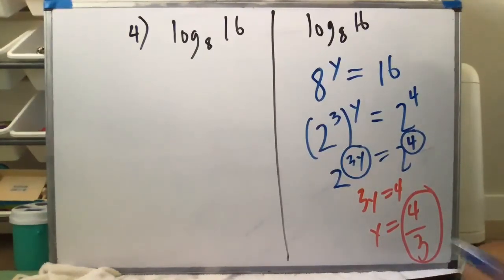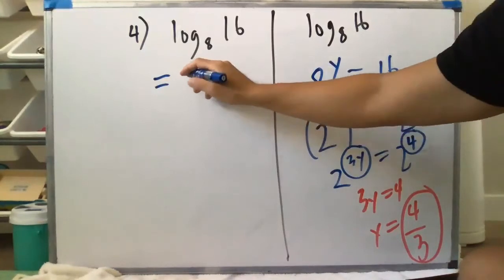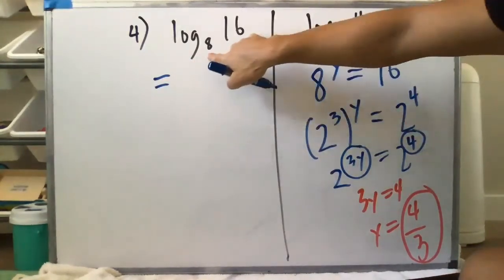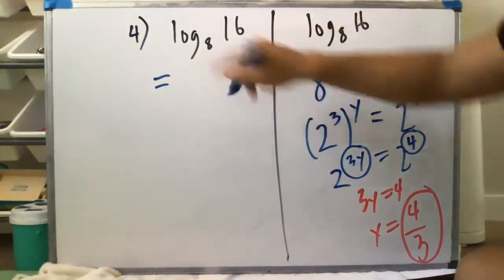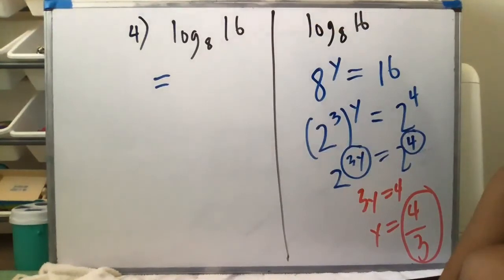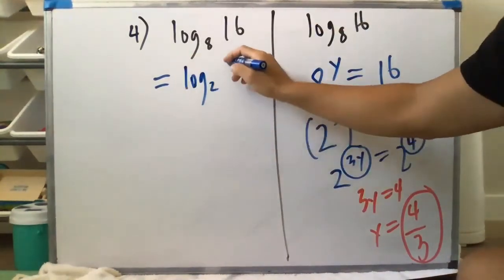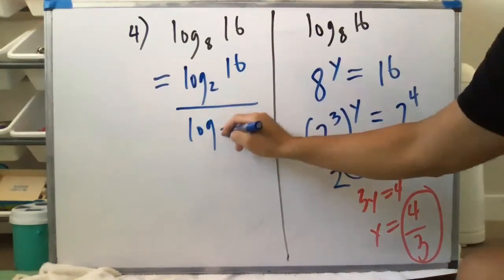All right, let's try the same question using what we just learned, the change of base theorem. Instead of using log base 8, I'm going to rewrite using log base 2, because 2 to the third is 8 and 2 to the fourth is 16. Both of these values are powers of 2. So I can write this as log base 2 of the top number, 16, on top, and log base 2 of the bottom number, 8, on the bottom.